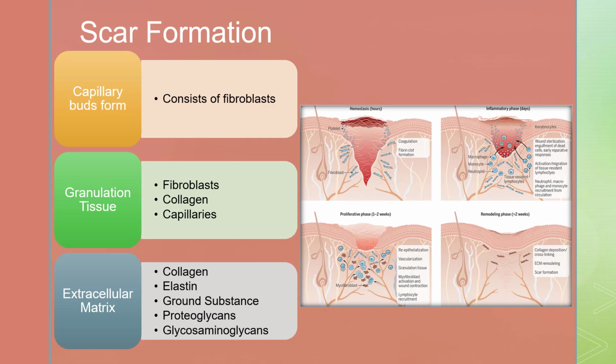There are 16 different types of collagen in the body, with 80 to 90% being type 1, type 2, or type 3 collagen. For most individuals, the normal sequence of scar formation results in minimal scarring. However, with persistent inflammation, we may see extended fibroplasia, which may result in increased scarring for our patient.